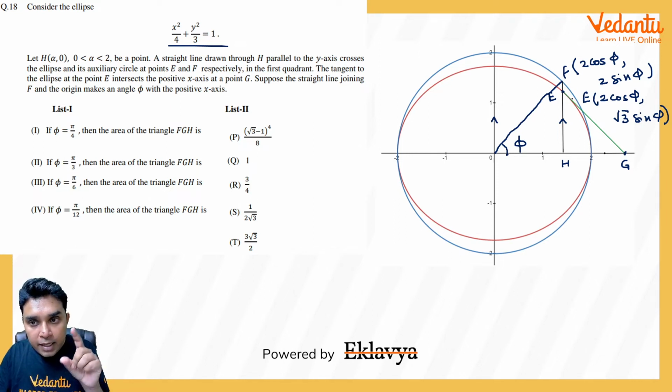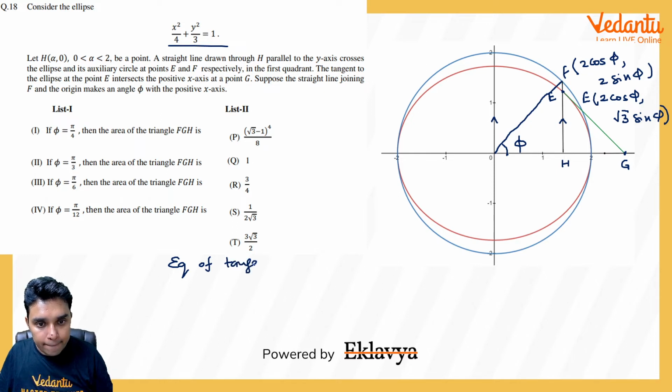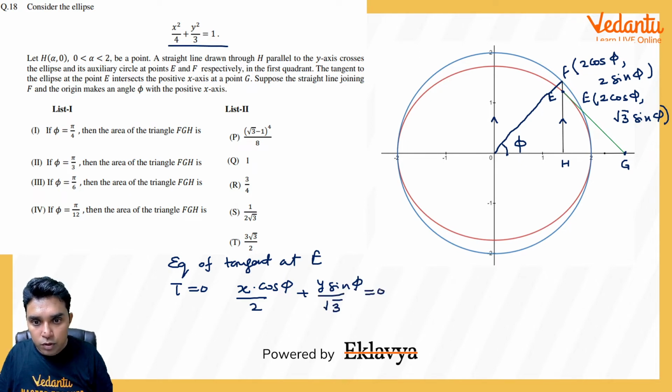Okay, now at E we just have to draw the tangent. The equation of tangent at E, it is just T equal to 0, which will be x cos phi upon 2 plus y sin phi upon √3 equal to 1. Now at this point G, I can take y equal to 0, so that the x coordinate will be 2 upon cos phi.